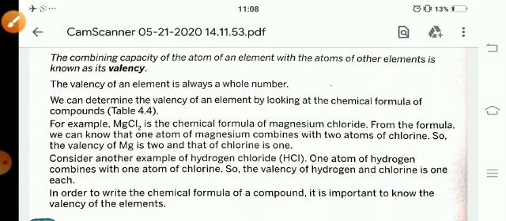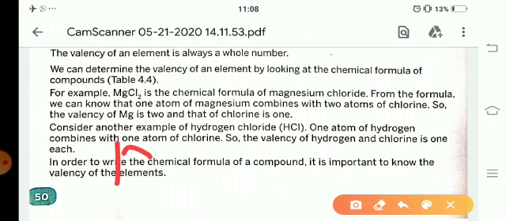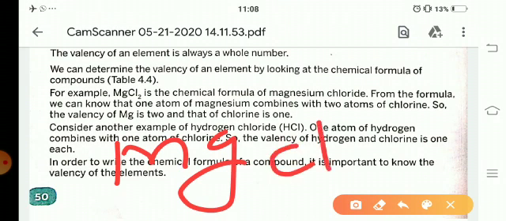For example, MgCl2 is the chemical formula of magnesium chloride. From the formula we can know that one atom of magnesium combines with two atoms of chlorine, so the valency of magnesium is 2 and chlorine is 1.